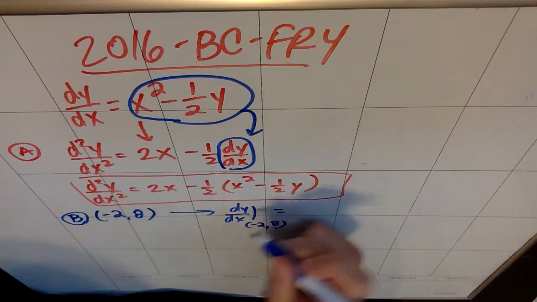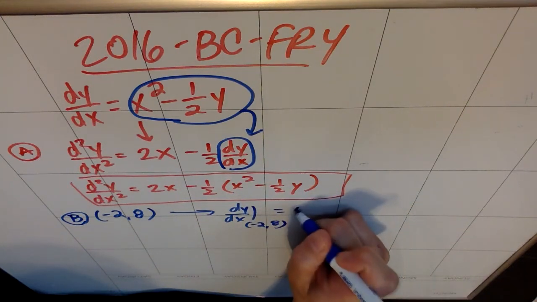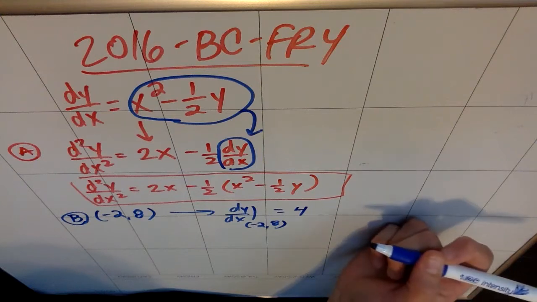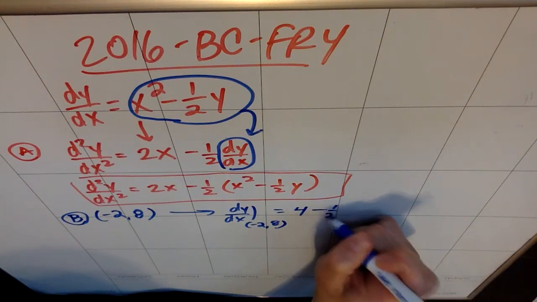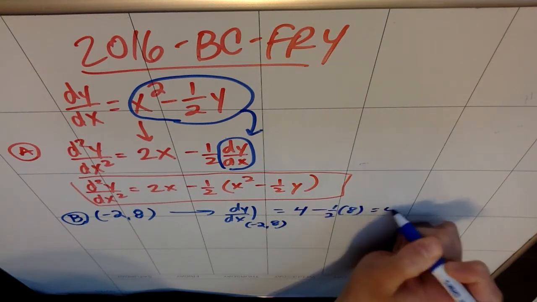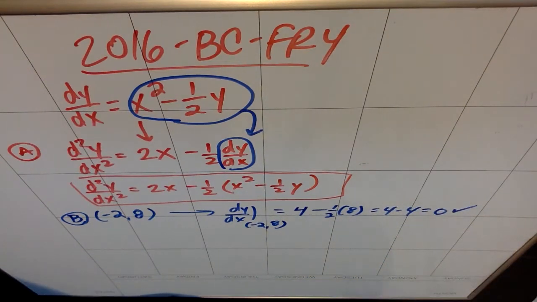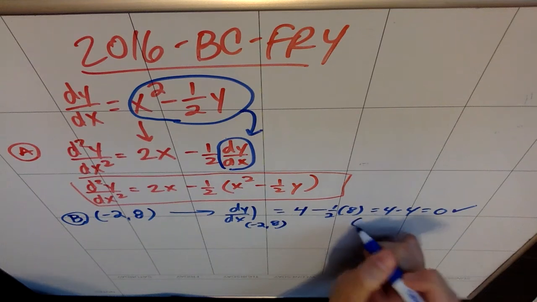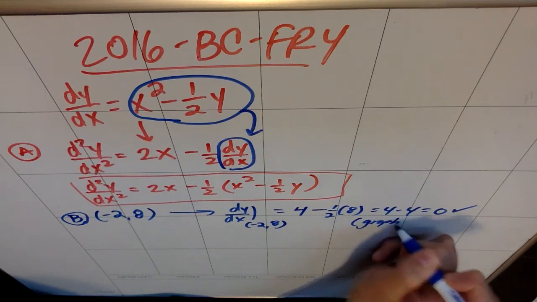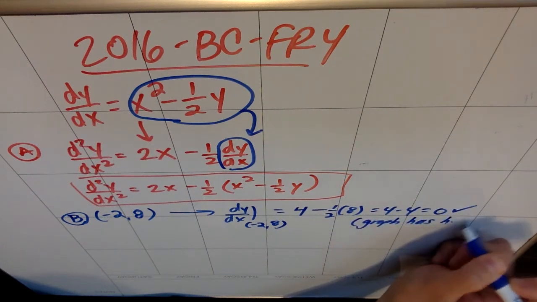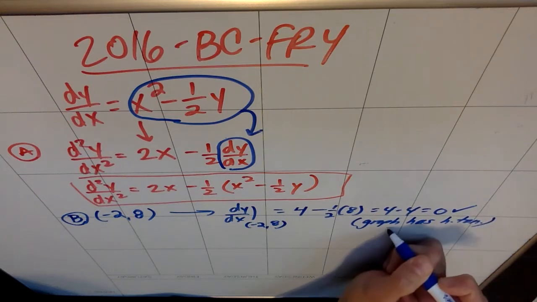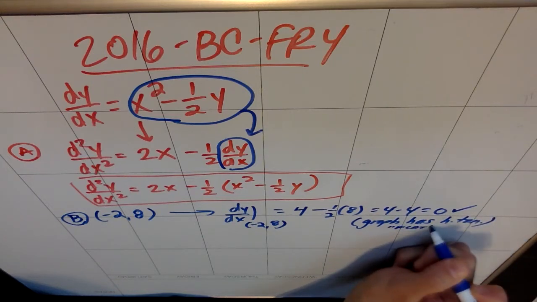So if I plug this in, I plug in -2 for x and I get a 4, since -2 squared is a positive 4, minus 1/2 times 8. That's definitely 4 minus 4, so it's 0. So the first part of my second derivative test is totally a 0, that's great. What this tells me is that the graph has a horizontal tangent, which is the same thing as saying the graph is flat or level.